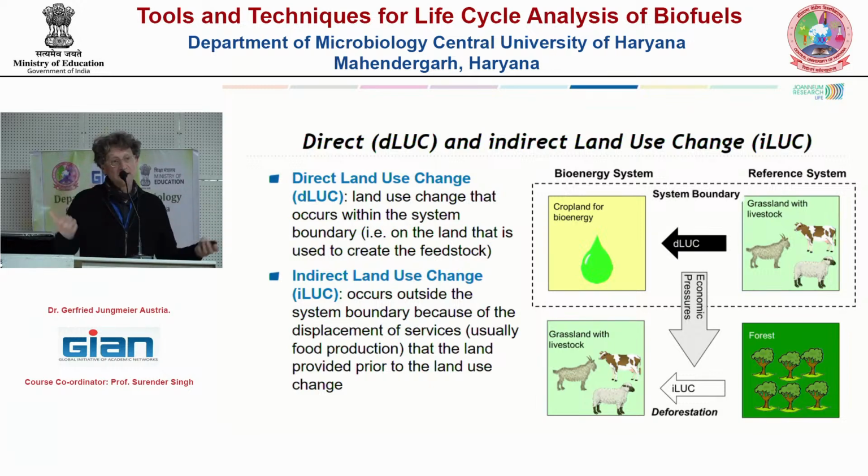We have this regulatory framework, and of course there they really try to document or at least to avoid indirect land use change. So this is the direct land use change and indirect land use change. It's really a perspective from the LCA, once called direct land use change within the system boundary, or indirect land use change.